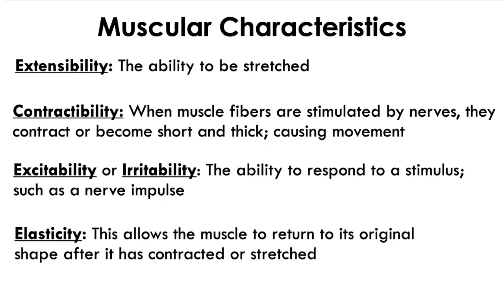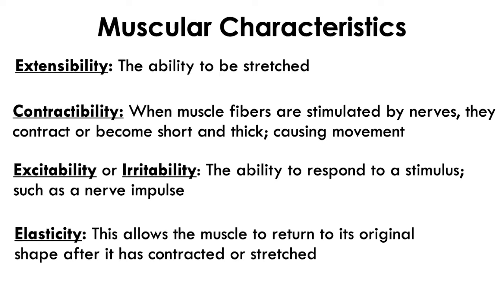Now, the muscular characteristics that you need to know include extensibility, which is the ability of the muscle to be stretched; contractibility, which we're going to talk about in just a little bit, and this is the contraction and relaxation of the muscle fibers, stimulated by the chemical responses of the nerve.